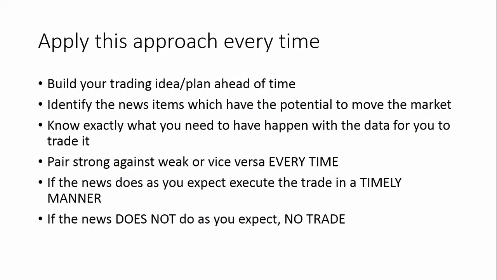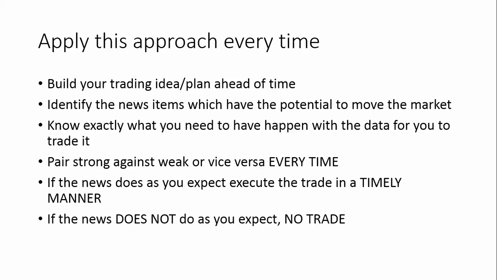Okay, so what we want to do is apply this approach every single time. Build your trading plan ahead of time so you have an idea of how you want to trade certain news items. Identify those news items which have the potential to move the market. Know exactly what you need to have happen with the data for you to trade it, i.e. good pound data, bad Australian data.